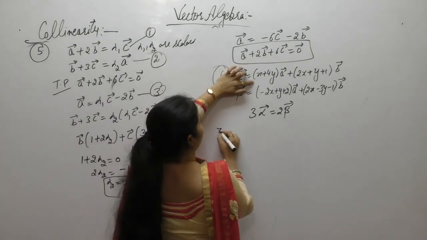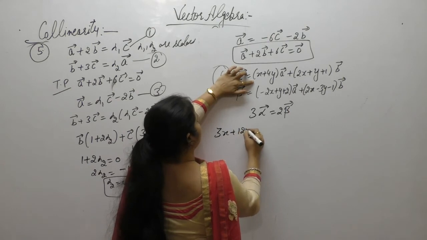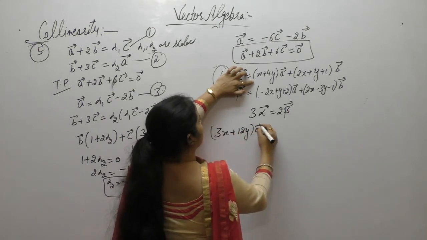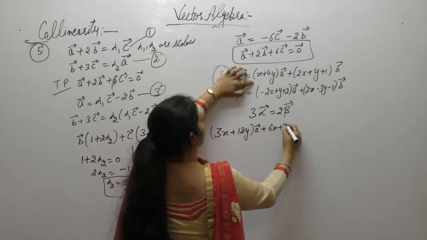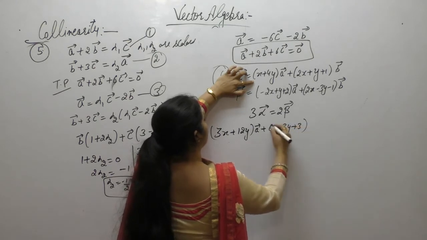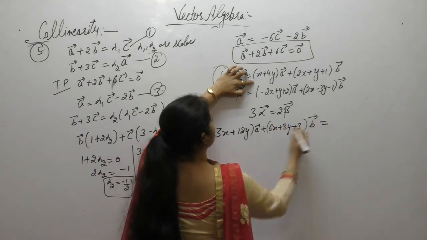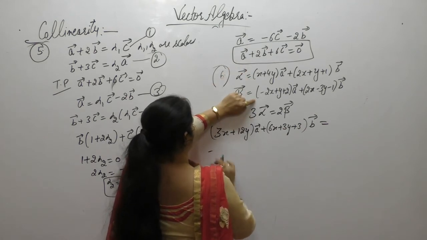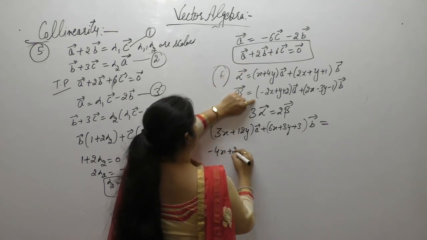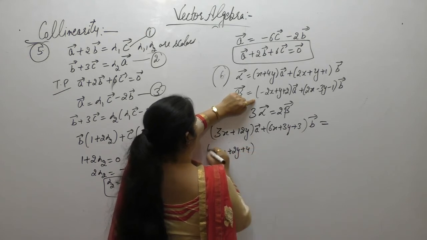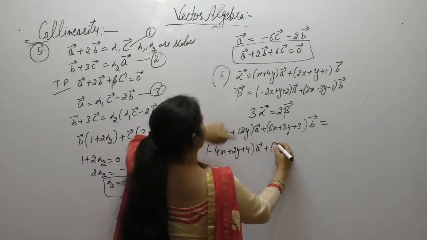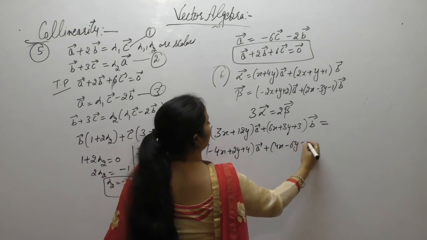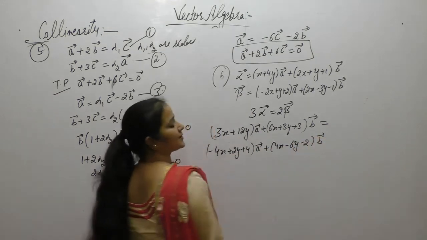3 times alpha vector: 3x, 4 into 3, 12y, 3 into 2, 3y plus 3 B vector is equal to 2 times beta vector: minus 2 into 2 plus 2y, 2 into 2, 4, 2 into 2, 2 into 3, and 2B vector.